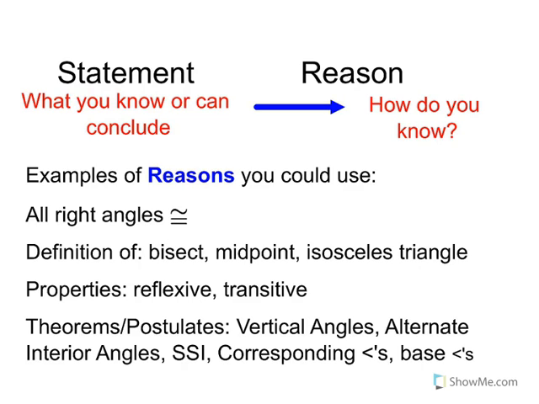All of those could be potential reasons in triangle congruence proofs. The reason why those could be reasons is because you're looking for congruent sides of triangles and you're looking for congruent angles. So all of these different reasons give us angles or sides.